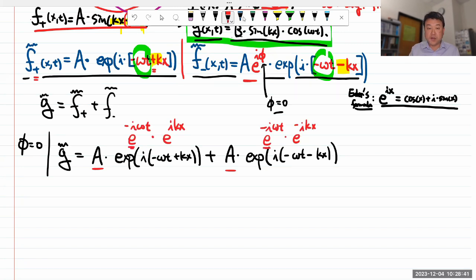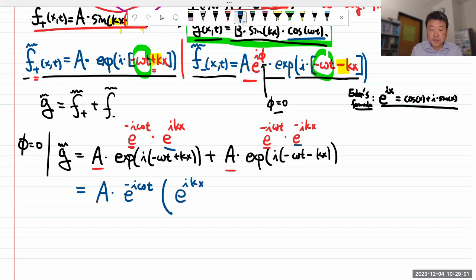Factoring those out, I get A times e to the minus i omega t. I like what I see because I'm separating out the time dependence the way we did it when we were working with the real functions. And the remaining terms are e to the i kx plus e to the minus i kx.